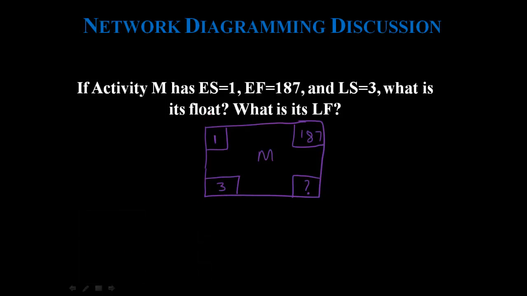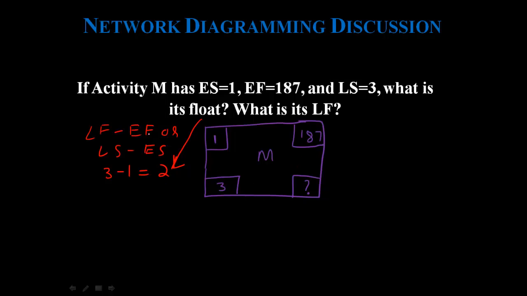So how the float is calculated? What is the formula for float? Float is LF minus EF, or it is LS minus ES. So in this case, LS is given to us 3 and ES is given to us 1. So in this case, it would be 3 minus 1, 2. So float is 2. What is LF?